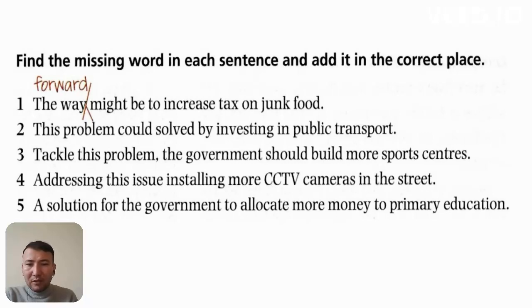Fourth, addressing this issue involves installing more CCTV cameras. 5. The solution is for the government to allocate more money to primary education. So these are the examples. So if you follow one of these, if you start giving solutions, it's better.